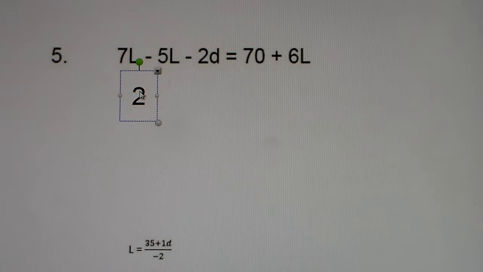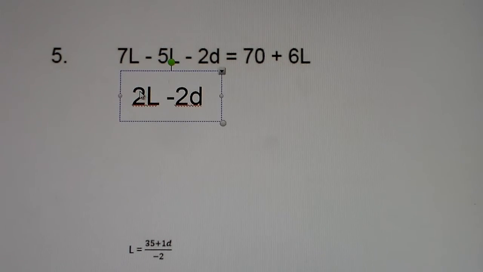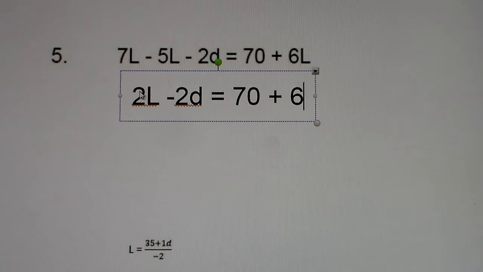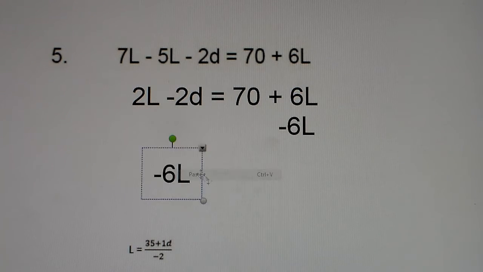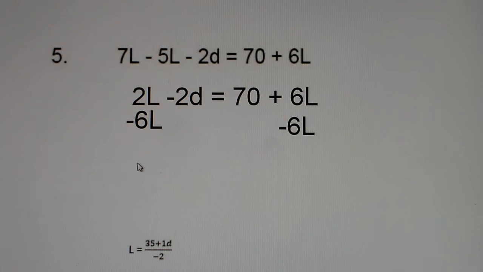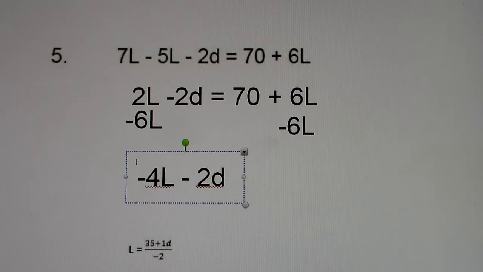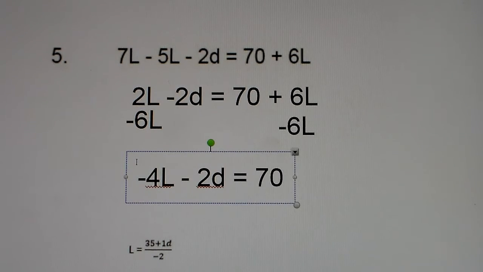So we'll go 2L minus 2d equals 70 plus 6L. Now I'm going to subtract 6L from both sides. So minus 4L minus 2d equals 70.